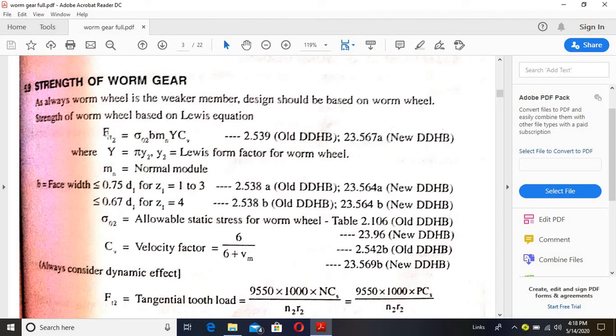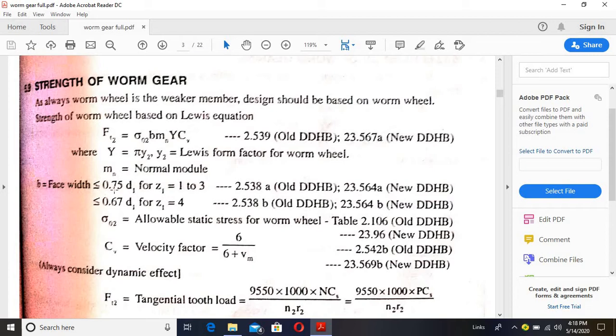So directly we are taking Ft2 is equal to sigma naught 2 into b into mn into y into Cv, where y is the Lewis form factor, pi into y2, mn is the normal module, and b is the face width.